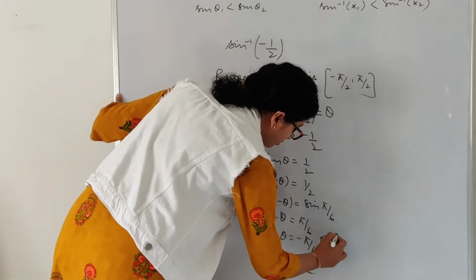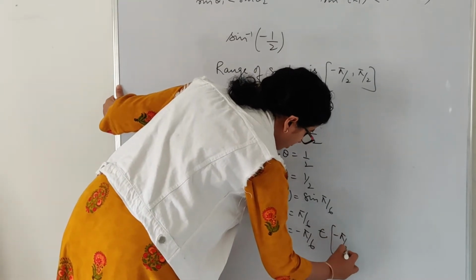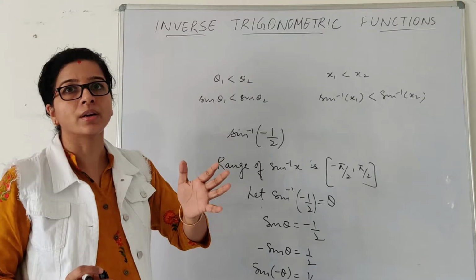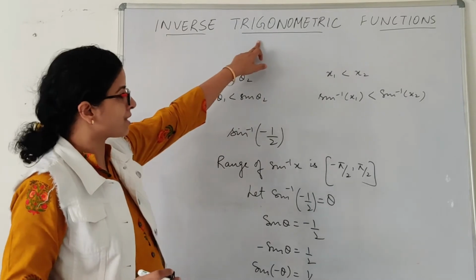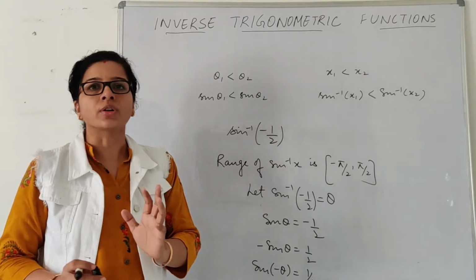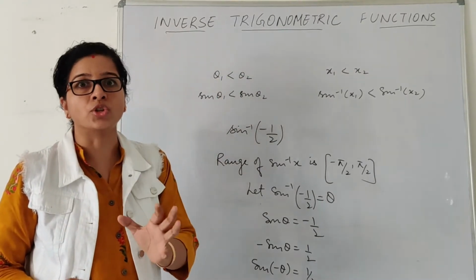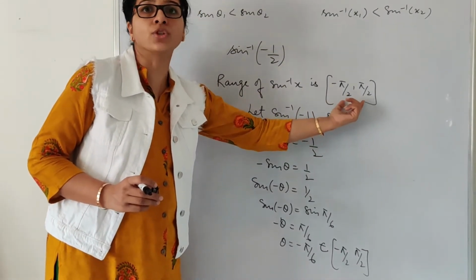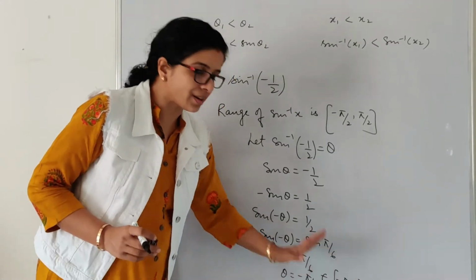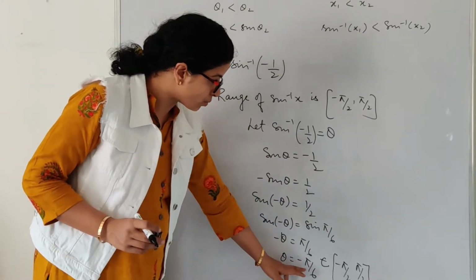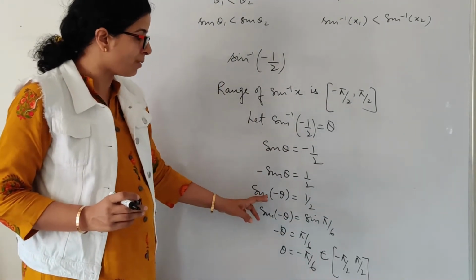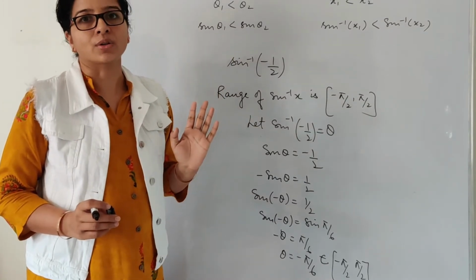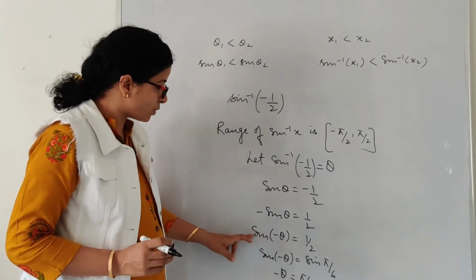Which belongs to −π/2 to π/2. See, in inverse trigonometry we are studying, inverse is only possible in the restricted range. So we have to check that my angle should lie in this range only. Okay, so this is clear. So why I have got θ equal to −π/6 means we have to use the sin(−θ) is −sin θ concept. So here this has been changed to this part.